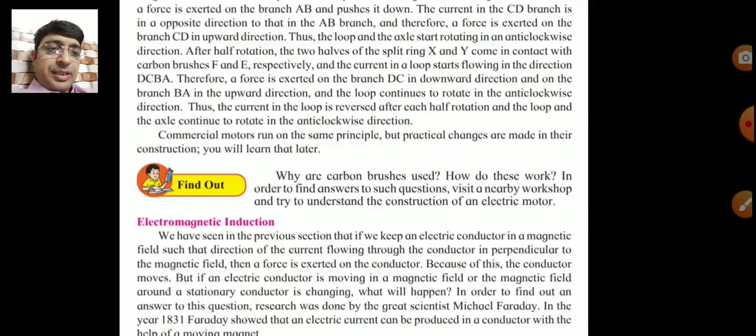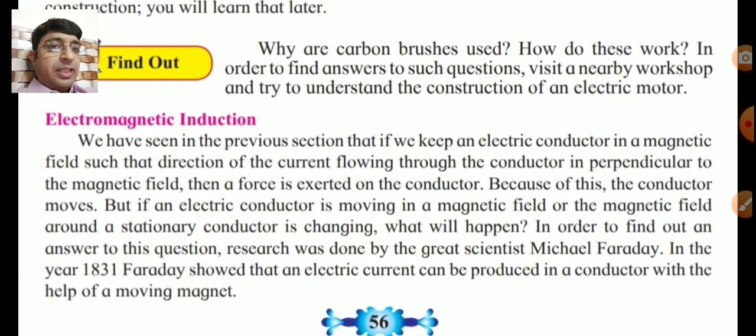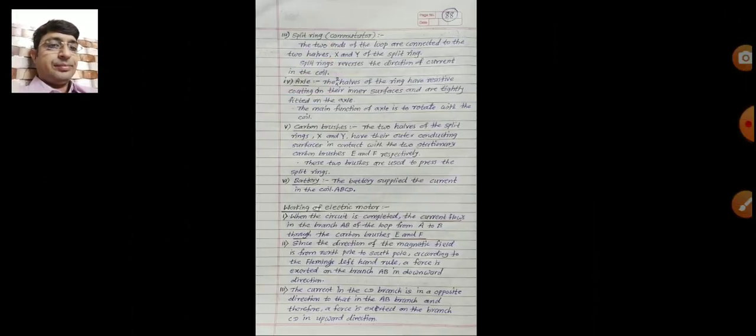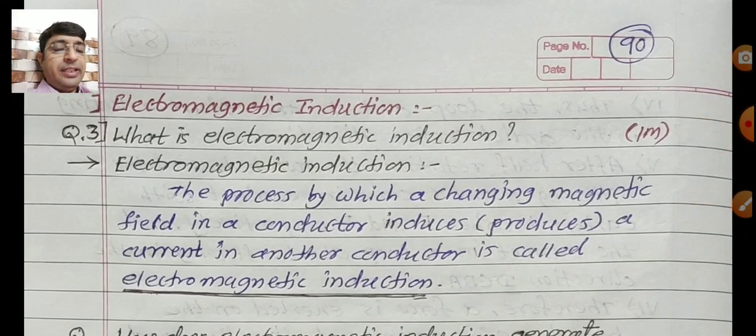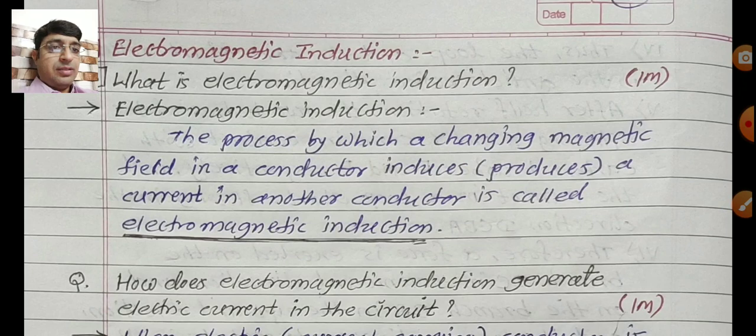So, related to this small point, electromagnetic induction, what are the different types of questions asked? I will show on the paper. Check. Electromagnetic induction. First one: what is electromagnetic induction? 1 mark question. So, answer.